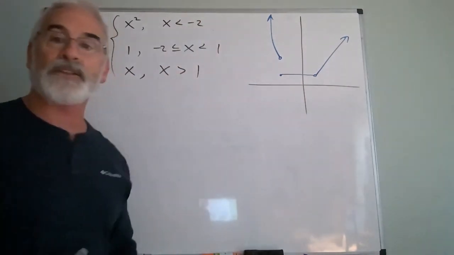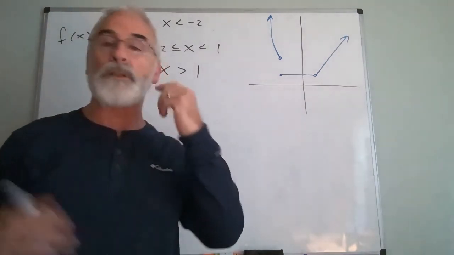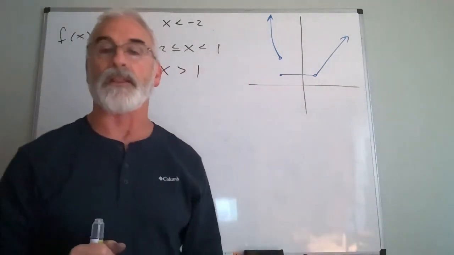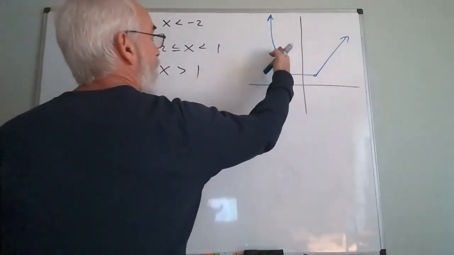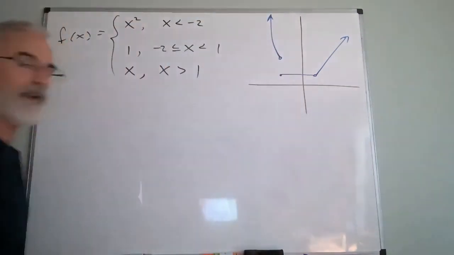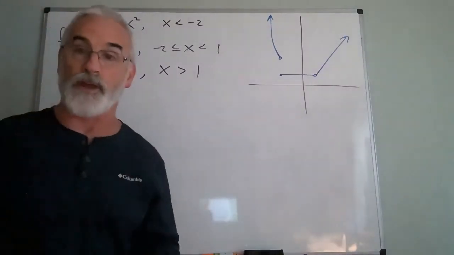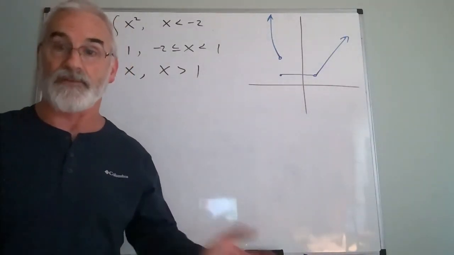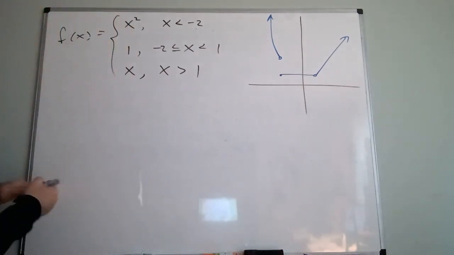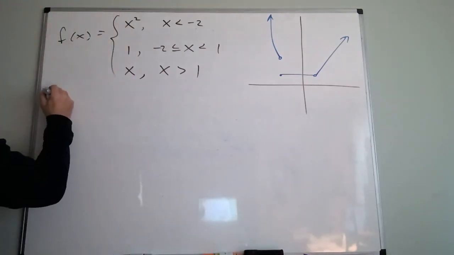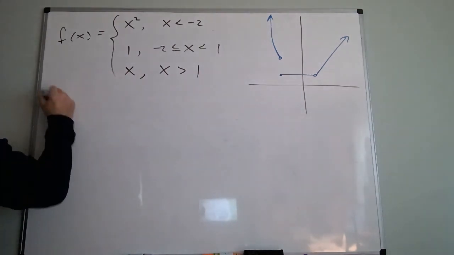In other words, the values of -2 and 1 are the only possible places that anything interesting could be happening. To the left of -2, I have a parabola. It's continuous forever. All polynomials are continuous everywhere they're defined. So that's not the issue. So we're going to check x equals -2 and x equals 1.